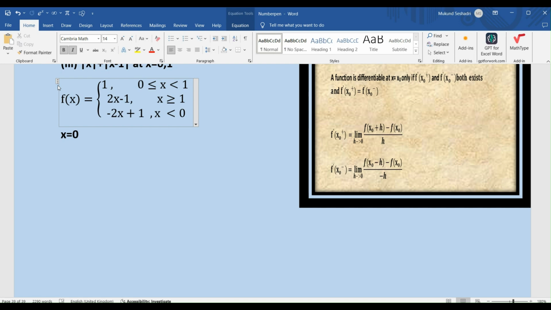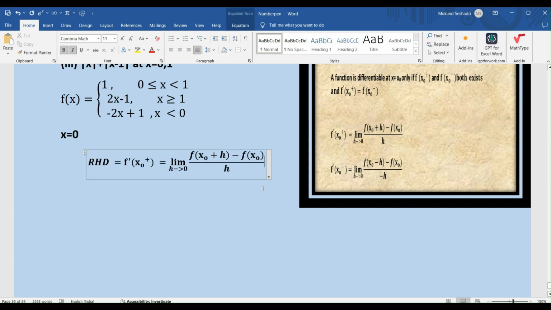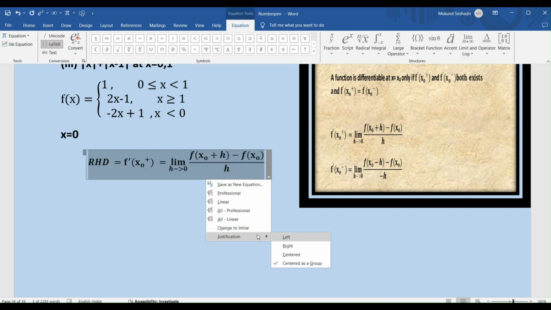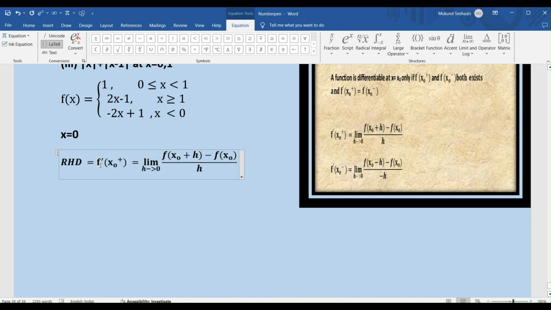So now that we have written our function, I don't think we'll have to really worry about whether it is h or f. So we can call it f of x now, and I'm going to start off with our RHD, right? So my RHD is f dashed of x naught plus equals limit h tending to 0 f of x naught plus h minus f of x naught divided by h, right?